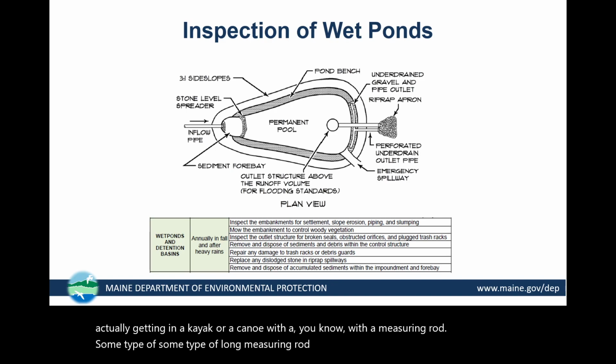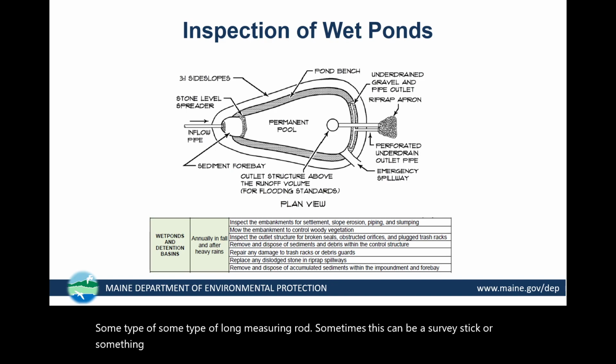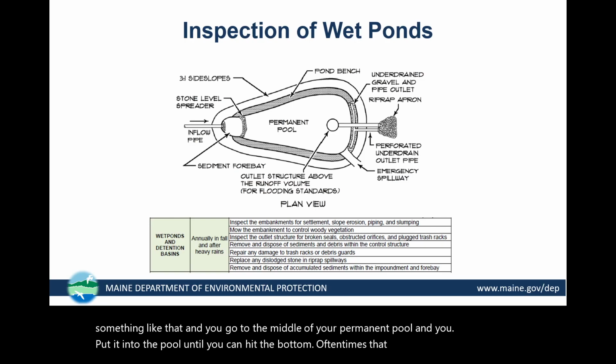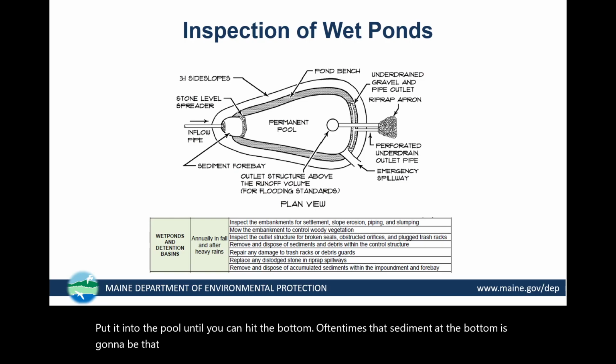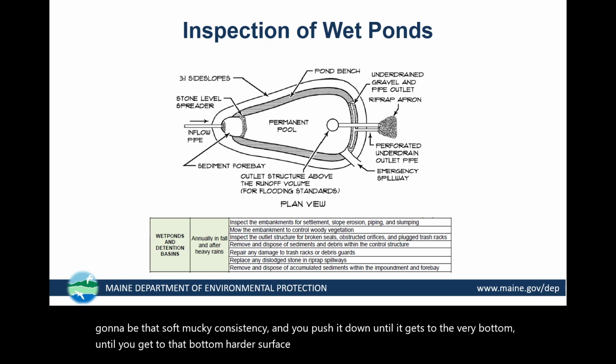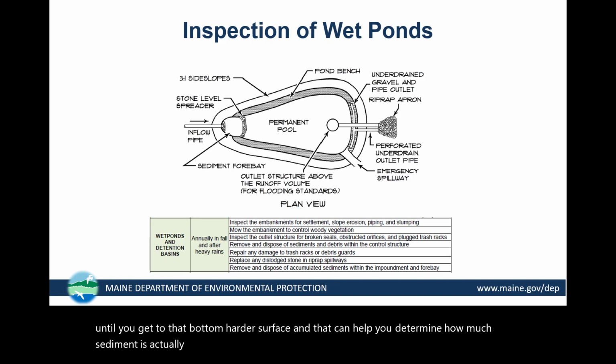Sometimes this can be a survey stick or something like that. You go to the middle of your permanent pool and you put it into the pool until you hit the bottom. Oftentimes that sediment at the bottom is going to be a soft, mucky consistency, and you push it down until you get to that bottom harder surface. And that can help you determine how much sediment has actually accumulated at the bottom of the pool.